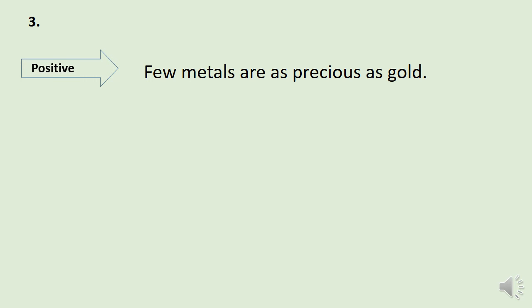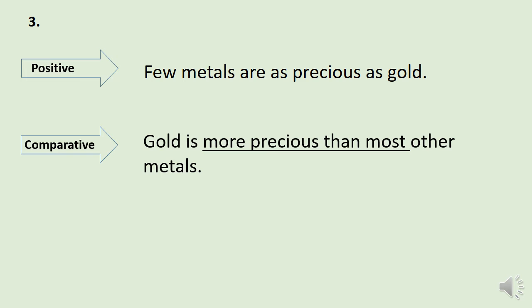And if we want to make this sentence a comparative degree, what we have to do? We have to use more precious instead of precious. Okay. Now, you can write the sentence in this way. Gold is more precious than most other metals.